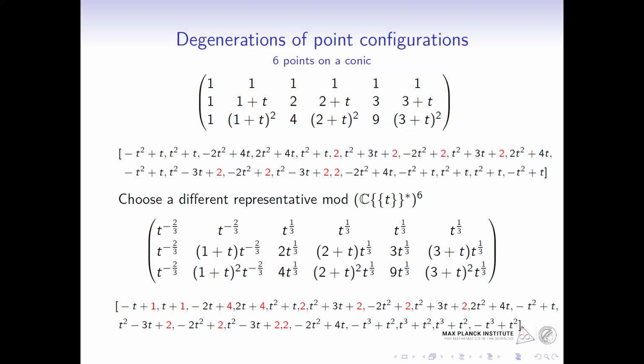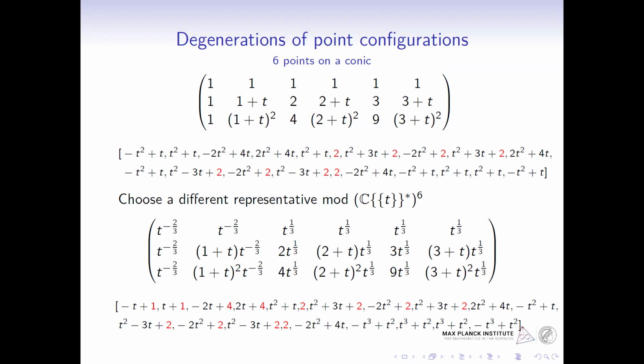Again, everything that is red survives, everything else goes to 0. And we see a different matroid, a different point configuration, because 1, 2, 3 is still a basis. If you go through all the entries, it turns out that 1 and 2 stay distinct in the limit, 3 and 4 collide, and 5 and 6 collide. So we see a different degeneration of our 6 points on the conic with this representative. We see a different matroid.